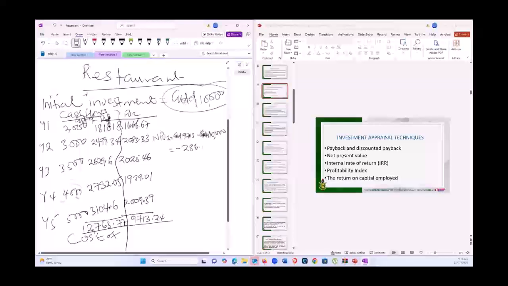Do it well: 9,713.24 minus 10,000, that is negative 286.76. Yeah.